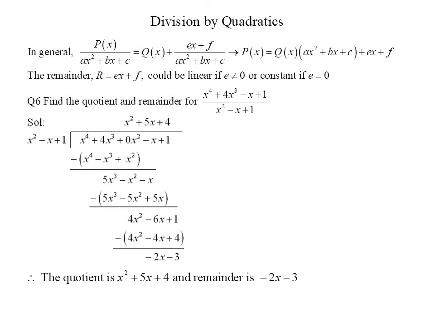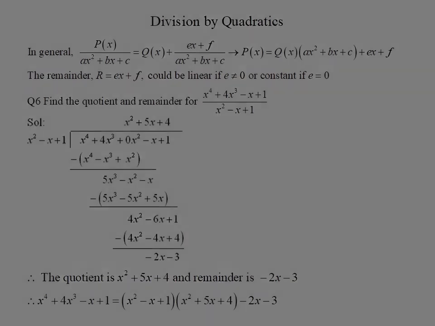In summary, the quotient of this polynomial division is x squared plus 5x plus 4. The remainder is negative 2x minus 3. Sometimes it is useful to express a polynomial as a divisor times the quotient plus the remainder.